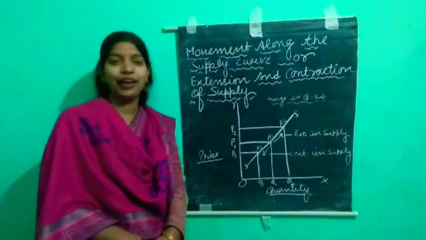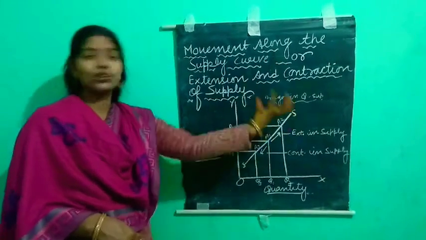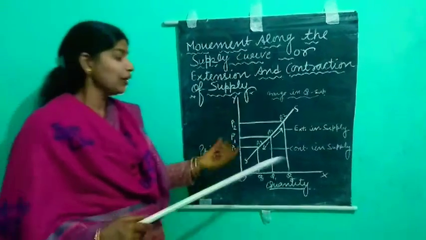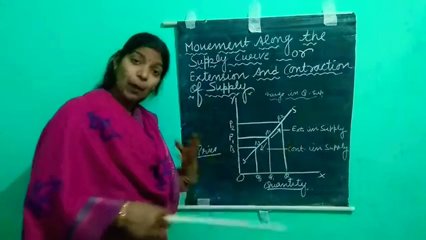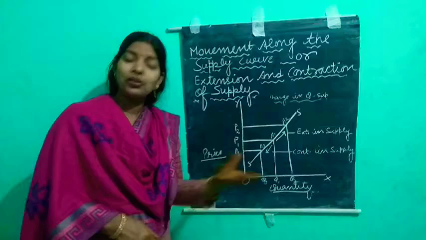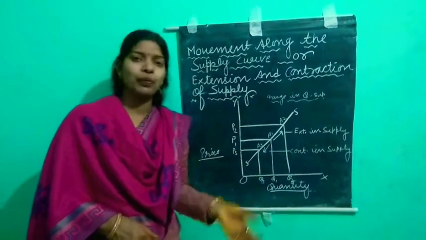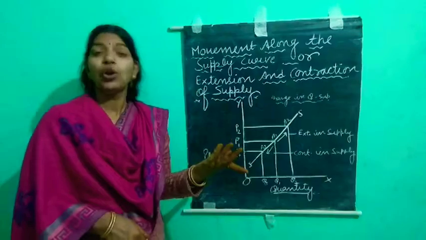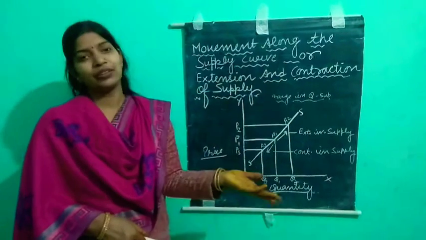As all of you know, the supply curve is upward sloping. Besides exceptions, we have seen that the supply curve is upward sloping. According to the law of supply, other things remaining the same, if price rises, quantity supplied will also rise.